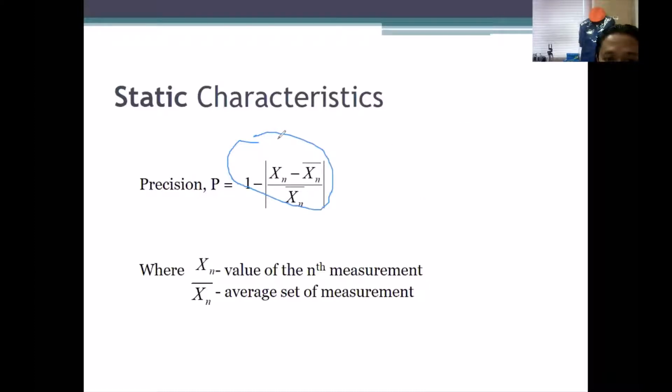The term is an absolute value, so if you get a negative, it automatically becomes positive. That's why you put the absolute value here. So the formula is 1 minus the absolute value of the n measurement minus the average set of measurements, divided by the average set of measurements.